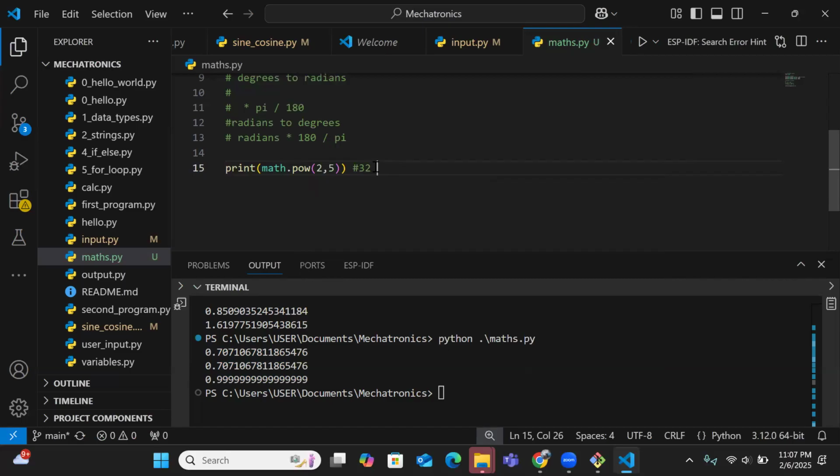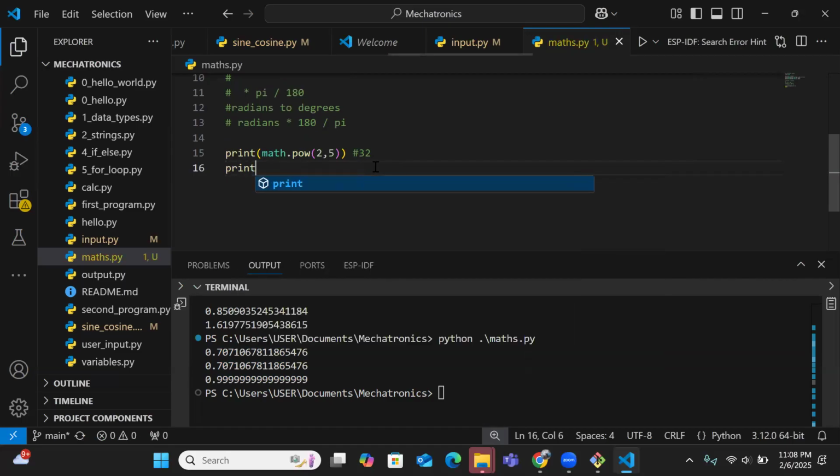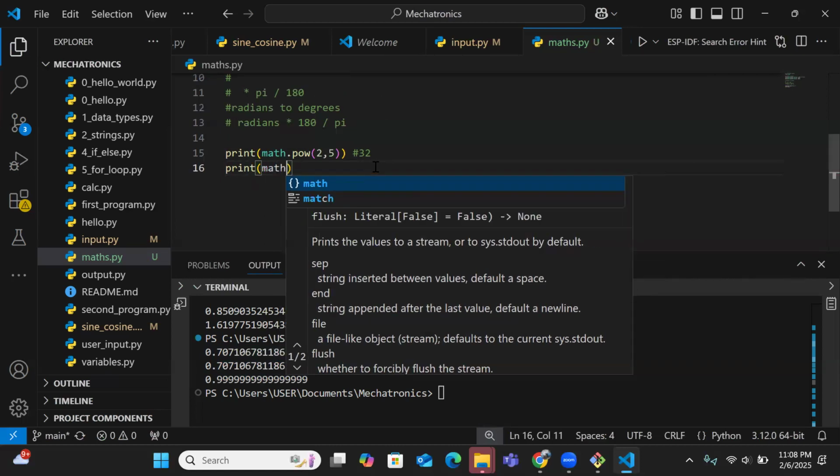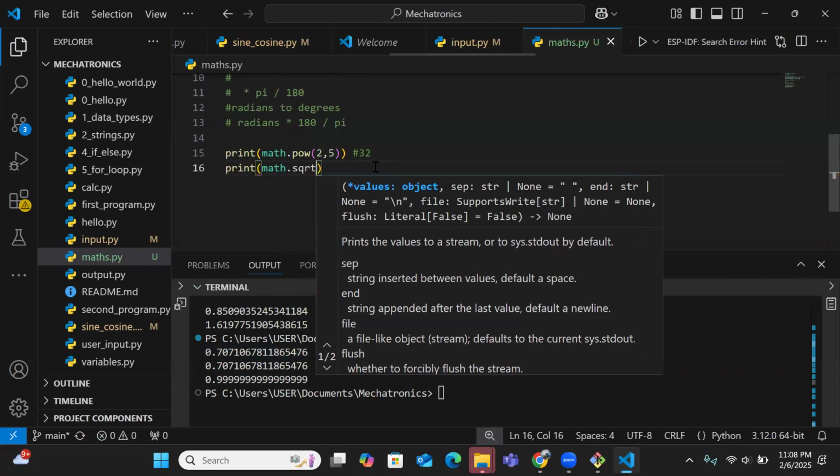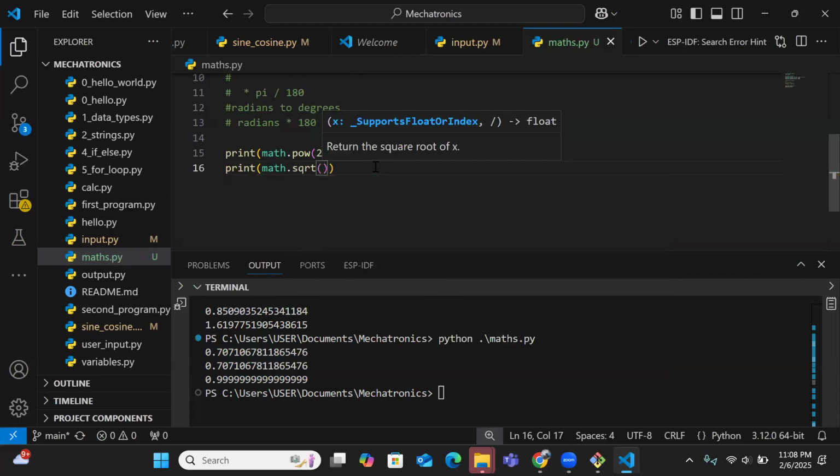The power 5 is 2 times 2 times 2, 5 times, which is 32. Then we can get the square root also, math.sqrt. What is the square root of 81? 9. Okay.